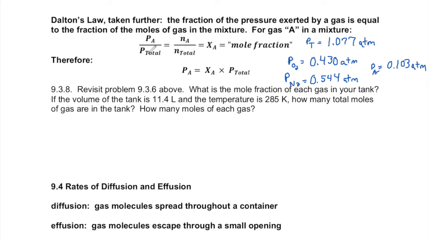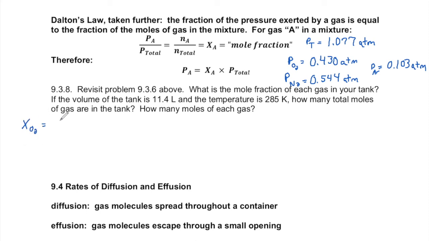So for example, if you had a tank and half of it was a certain gas, then half of the pressure of that tank would be due to that gas. If 0.25 or 1/4 of the tank was a certain gas, then 0.25 times the total pressure would be the pressure of that gas. So let's figure out the mole fractions of these different components.